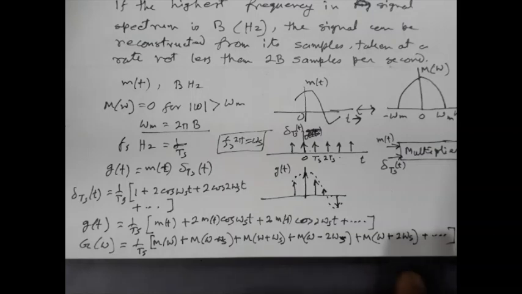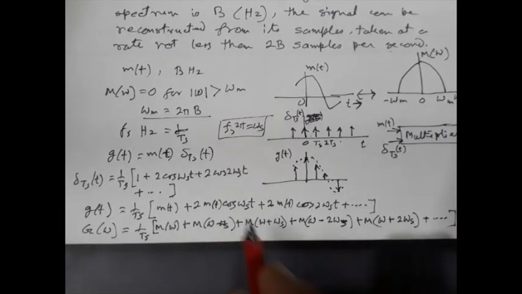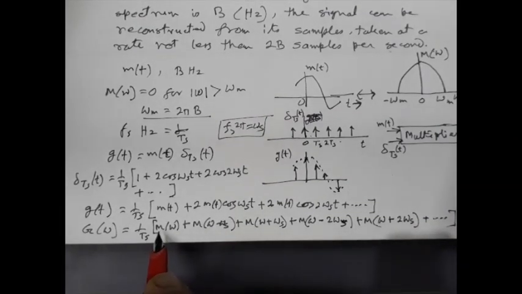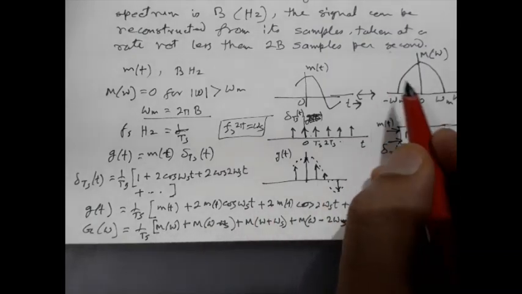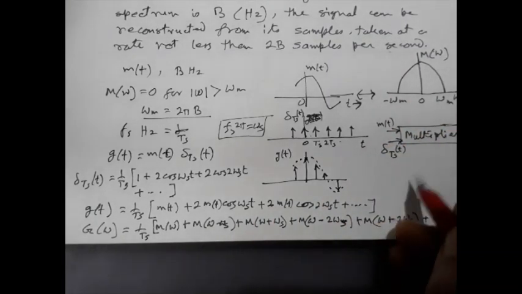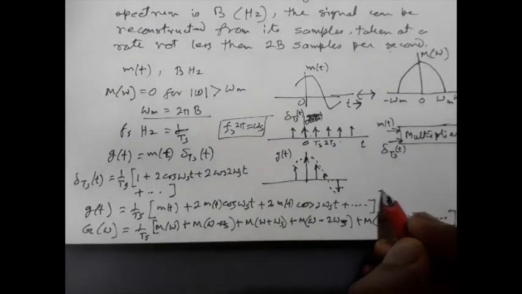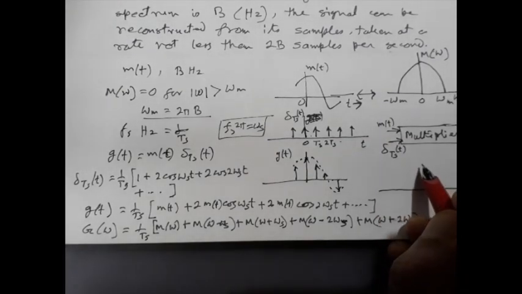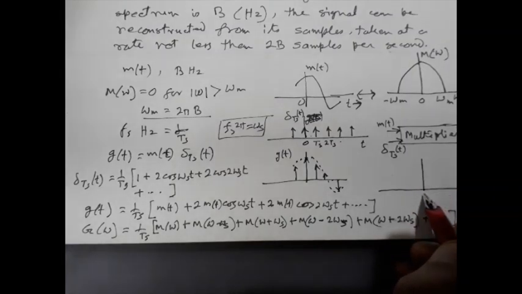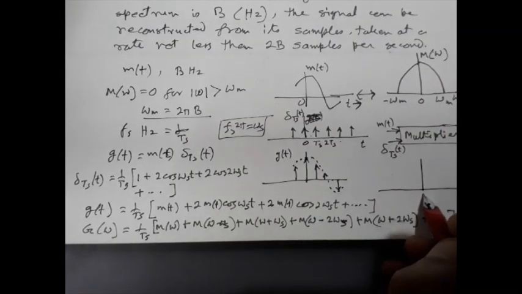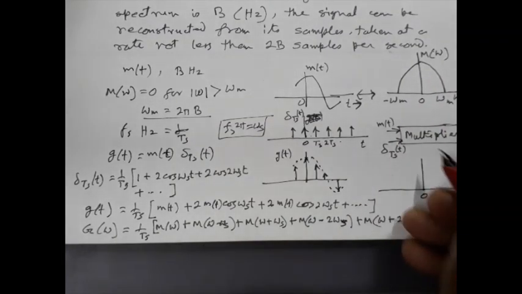That means the spectrum must consist of the original M(omega), the message signal. If you try to draw the spectrum, it cannot be drawn to scale with this one, so we have to make it smaller.